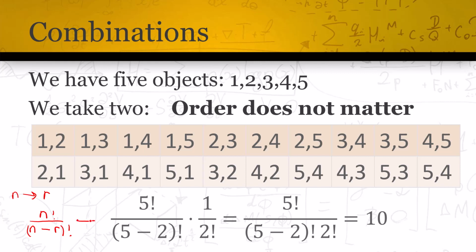Divided by the number of ways each of the collections, or subgroups, can be permuted. So we have permutations and then the number of ways that these objects can be arranged. And that ends up being our formula for the number of combinations.